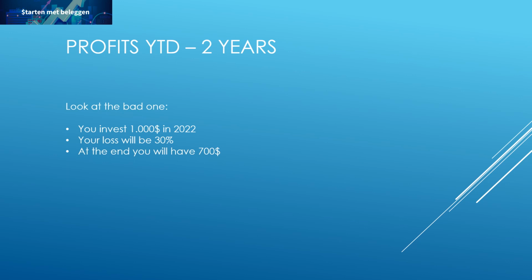At the end of 2022, you will have $700 left. To go back to $1,000, and for instance for this year, you do need to make a profit of almost 43%, and that's a lot to get only to a break even.